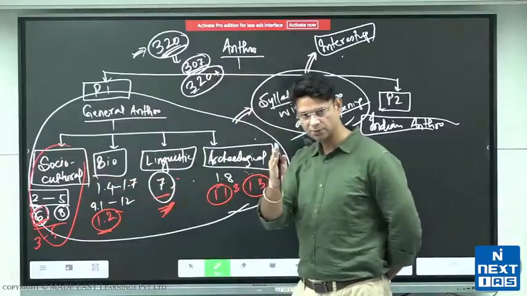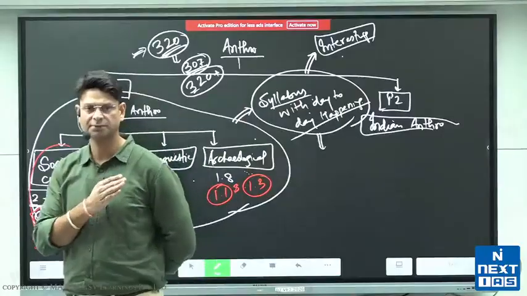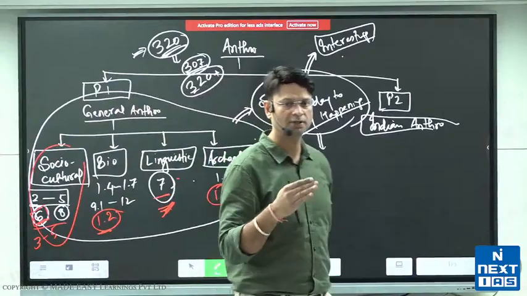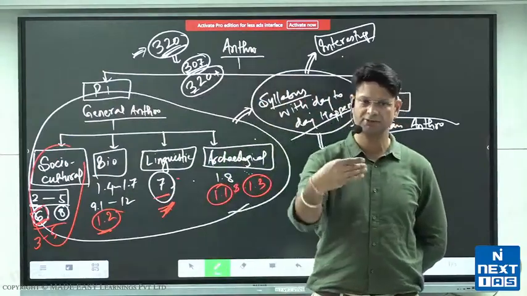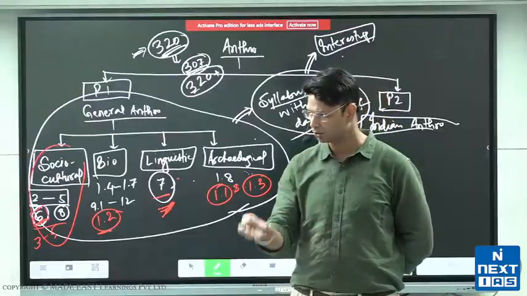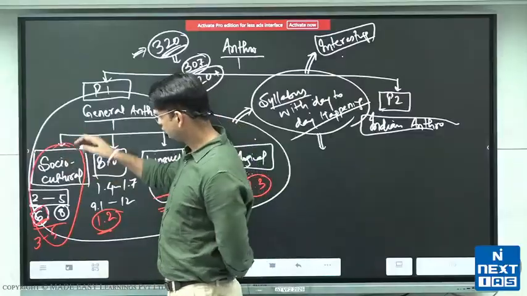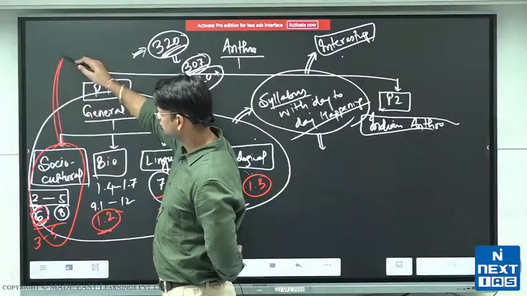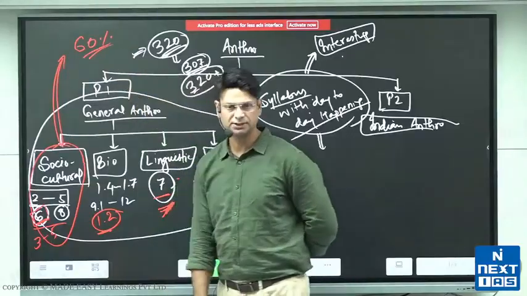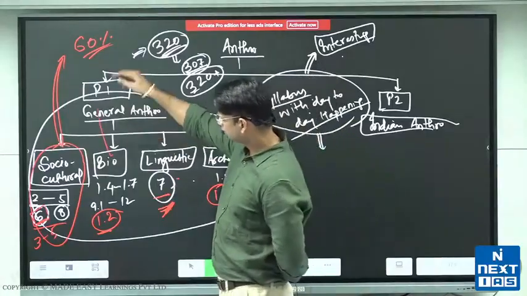Then the impact of industrialization and urbanization on tribal people, nation state and tribals, development projects and tribals, forest policies and tribals, ethnicity, all these topics are part of socio-cultural. If you look at the entire paper of anthropology, almost 62% is socio-cultural.